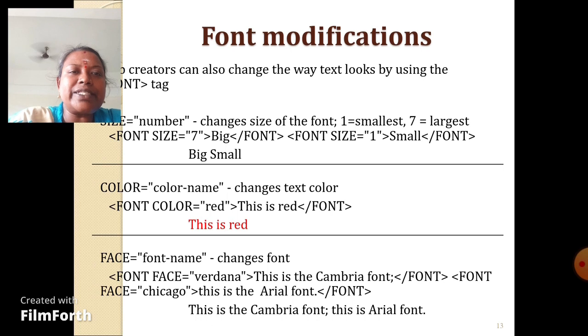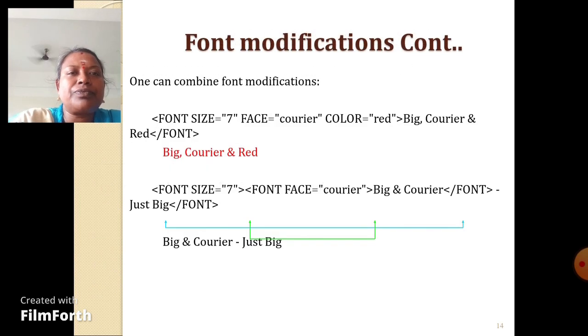And also changing the font, for example using font face equal to any other font. For example Arial, Times New Roman or any other font, then close the font; between the text it changes the font. Another one, between the text to change the color or any other font.